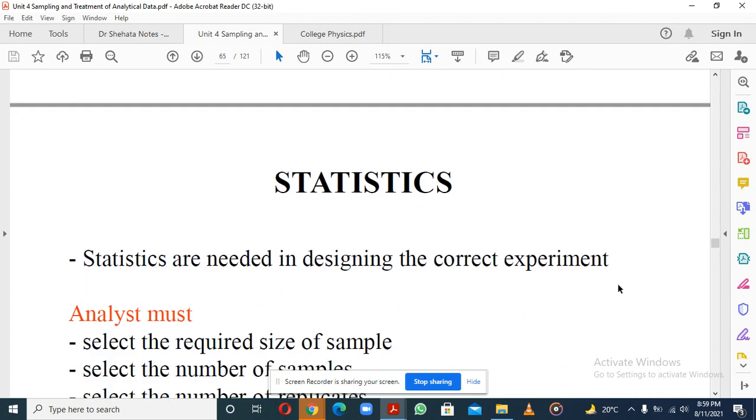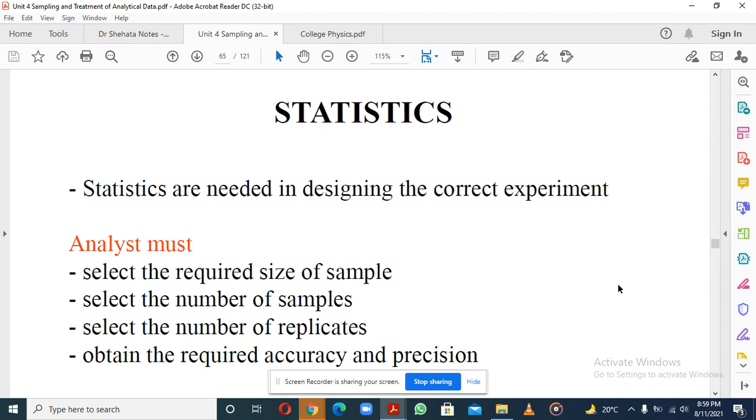Is everyone able to see the screen? Okay. So when we talk about statistics, yes, you try to check your syllabus. Try to check your syllabus. Really? Okay. Let's learn, and I'll send you.